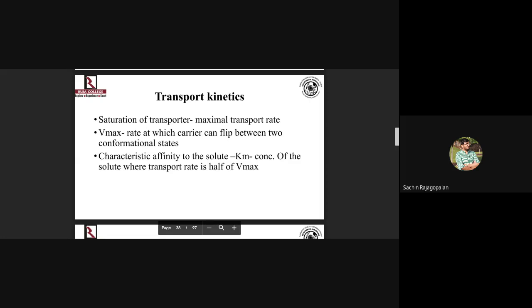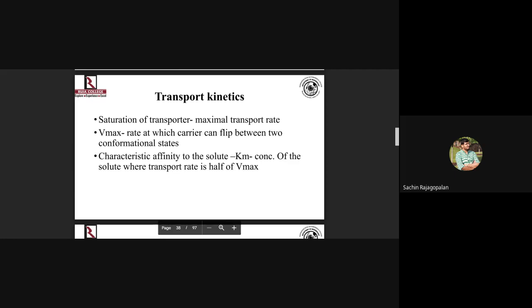That will decide how fast the transport is going to take place. Now, let us say that the cell has only three transporters. This doesn't happen in reality, but I am just giving you an example. Let us say that the cell membrane has only three transporters, each of which transports one molecule at a time, which means that at a time the cell will be able to take in only 3 molecules. Correct.